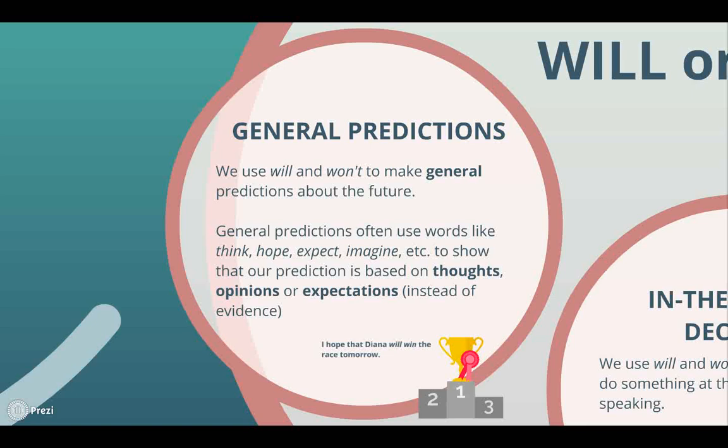And you can actually tell when a prediction is general if it's based on my thoughts or opinions or my expectations, because a lot of times we'll use different verbs in front of will and won't, such as think, hope, expect, or imagine. This shows that these are things I have in my mind and not based on evidence.